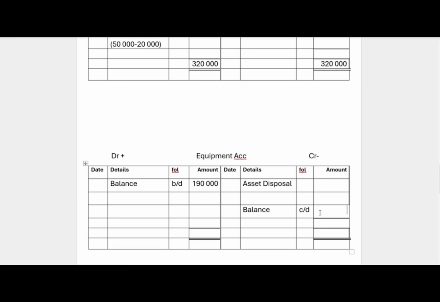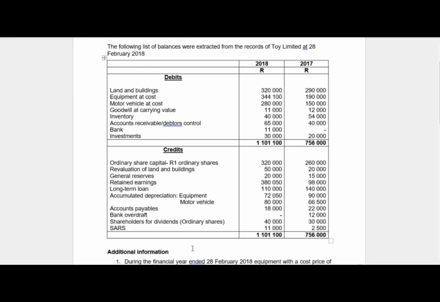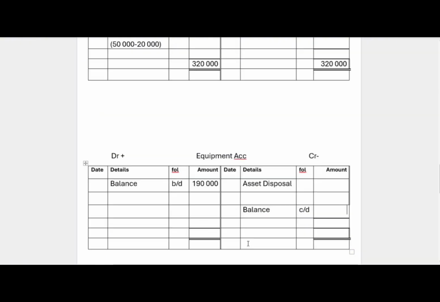Closing balance is how much? Let's check in our question there. It's 344,100. We go to our answer sheet. We say 344,100. That is the closing balance, right?